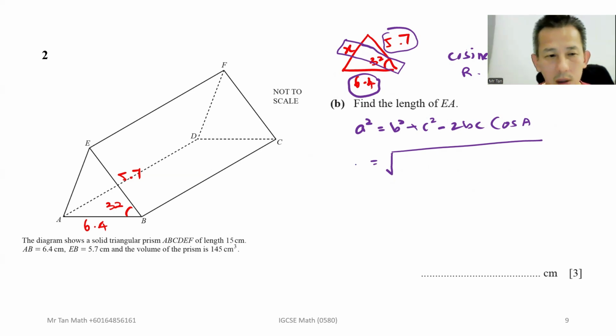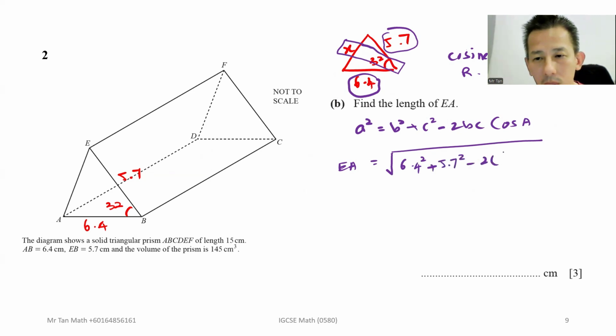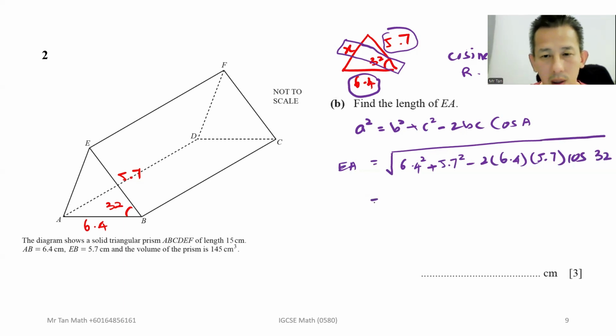And you can just change this to EA. So B or C can be any, just it was 6.4 squared plus 5.7 squared minus 2 times 6.4 times 5.7 cos 32. You calculate, you should get 3.4.